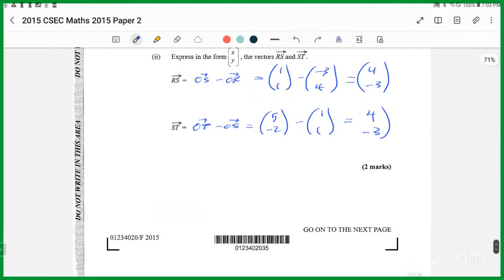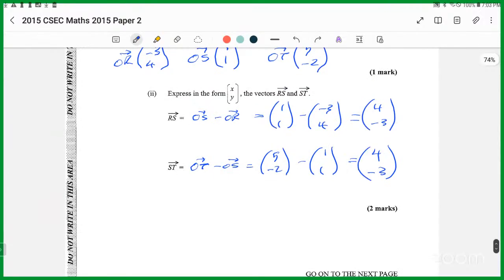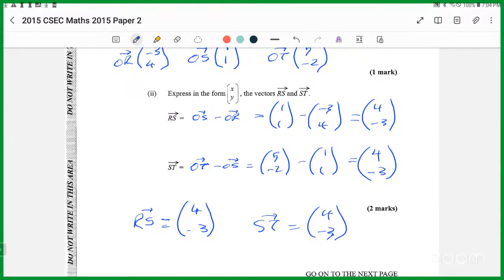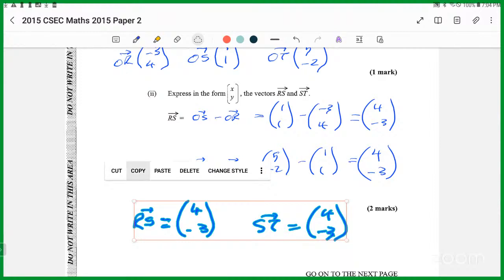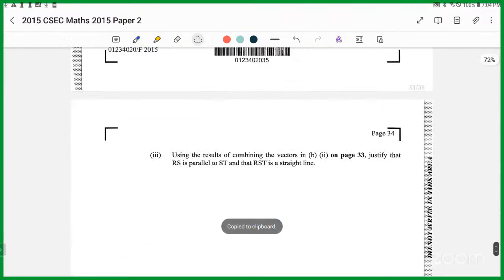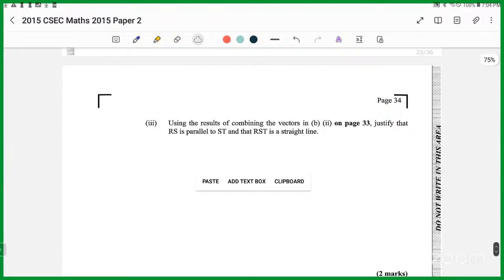We have RS equals (4, -3), and ST equals the same (4, -3). That's what we have gotten. Not only are they parallel, they're actually equal. So copy this down here. Good. Let's use these results.